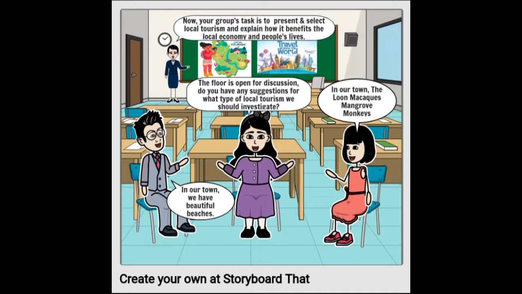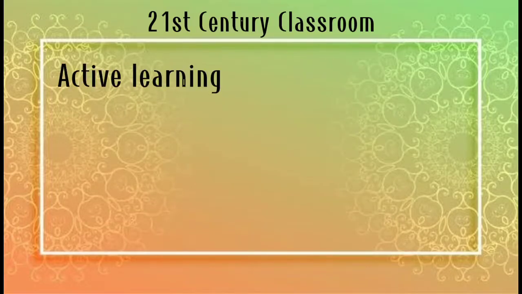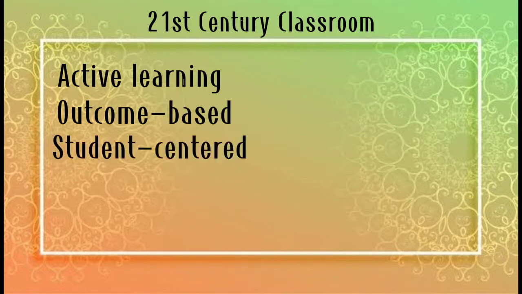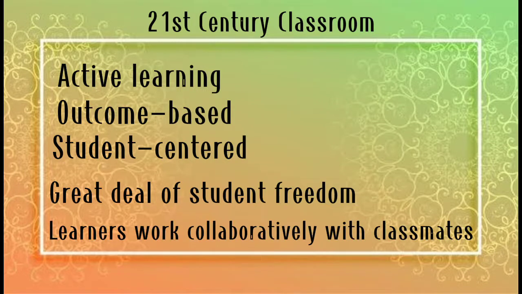To sum it up, based on the illustration that I've made, the 21st century classroom has the following characteristics: active learning, outcome-based, student-centered, a great deal of student freedom. Learners work collaboratively with classmates.